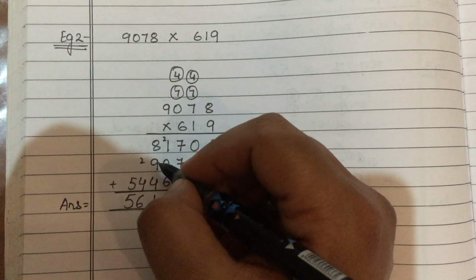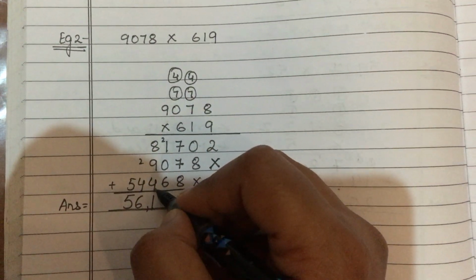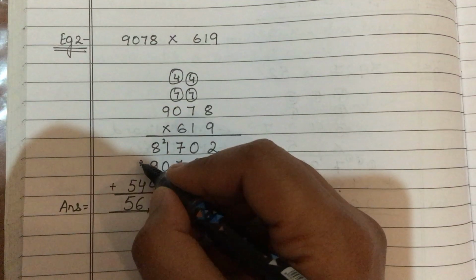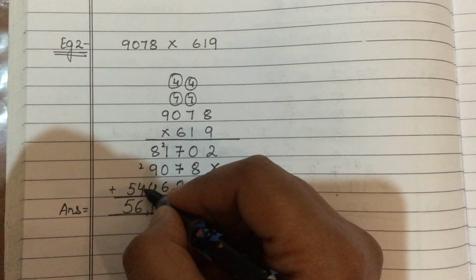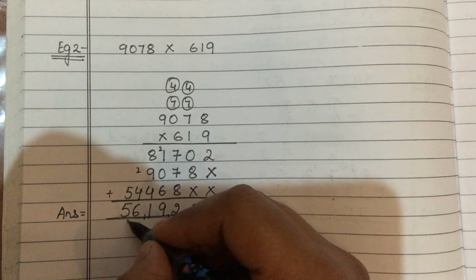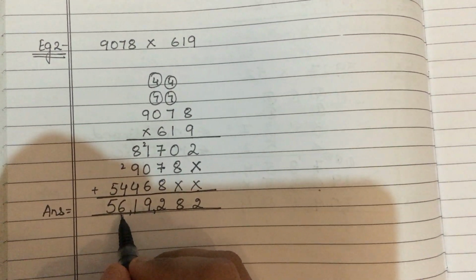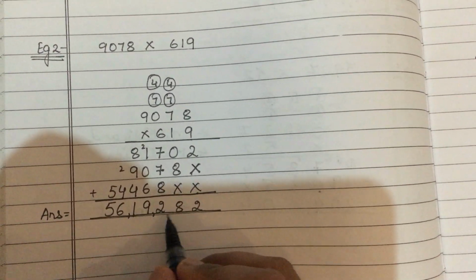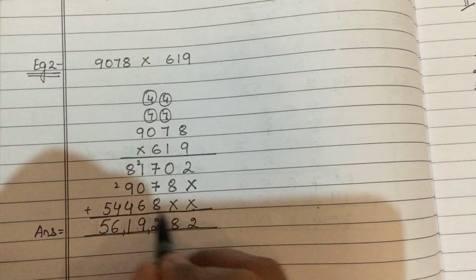Now you can add like this. 9 plus 8 is 17. 17 plus 4 is 21. So 2 carry here and 1 here. Now 4 plus 2 is 6 and 5 is copied like that. So the answer is 5,619,282. So this is the product.